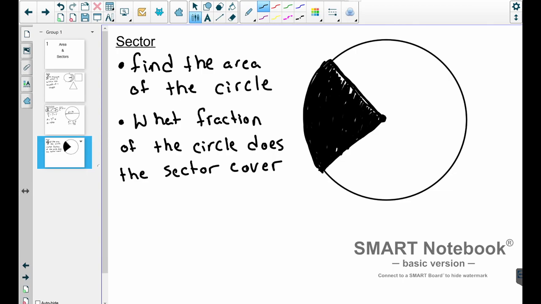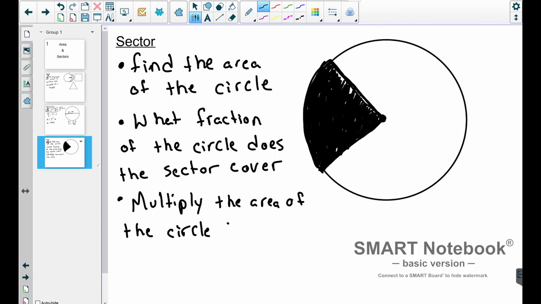And then you could say, well, if the whole circle is 12, and this is 1/4 of 12, then that would be 3. Talking about area, of course. And then the last thing we do is just what I said: multiply the area of the circle by the fraction.